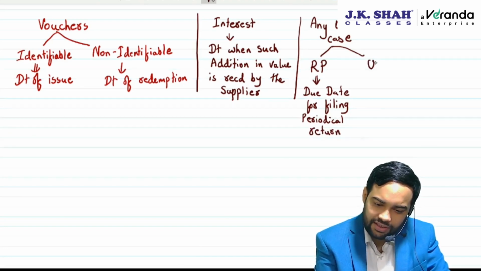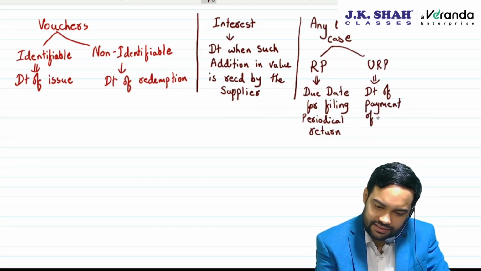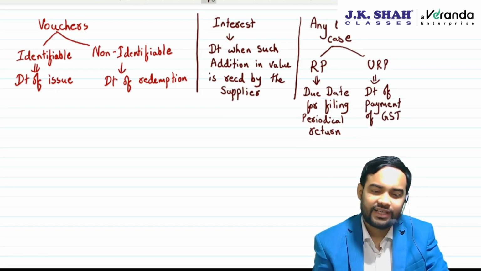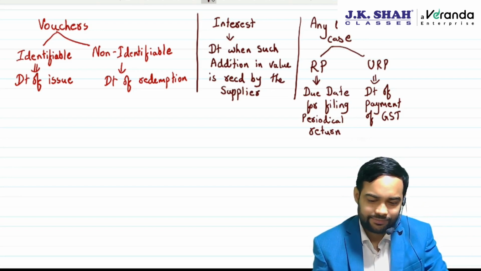In case of an unregistered person, it would be the date of payment of GST. The day GST is paid, that day will be considered as the time of supply.